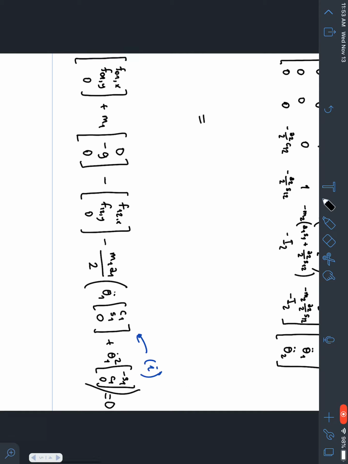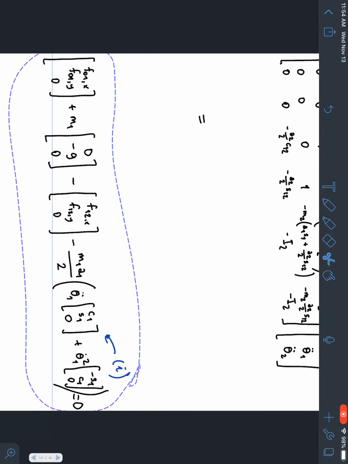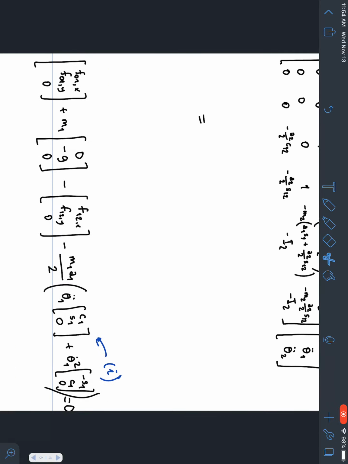I can take those parts out and write them over here as the first two components of the known vector. I might need to make the known vector a bit longer or taller. So let me try it again. Let's move this further down and let's make this a taller vector.